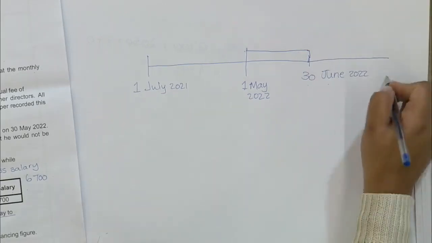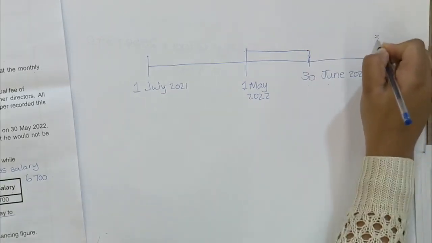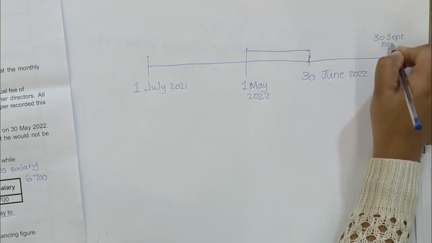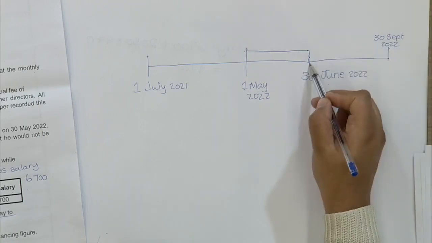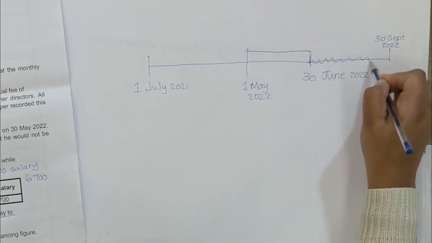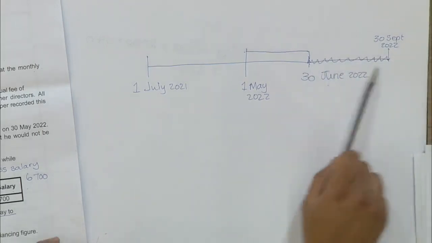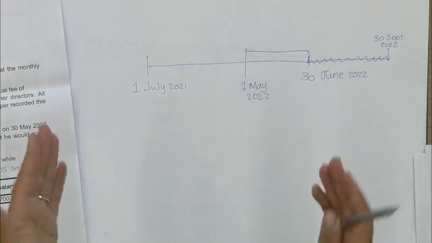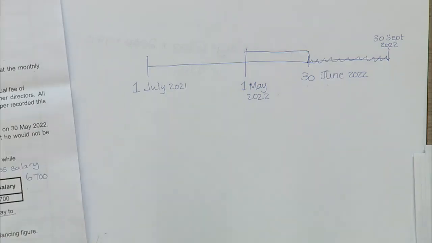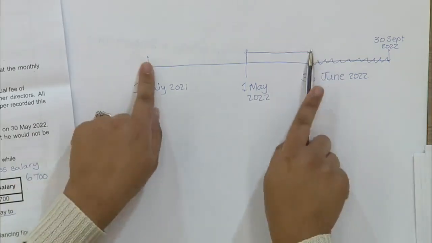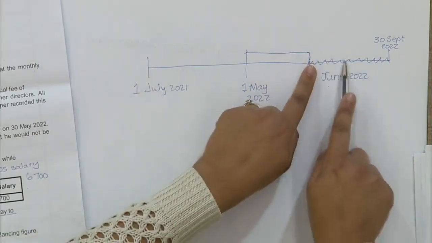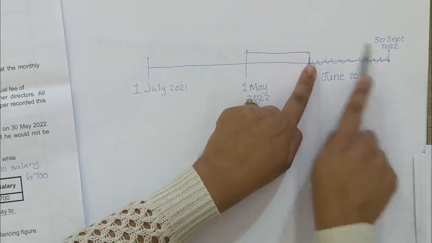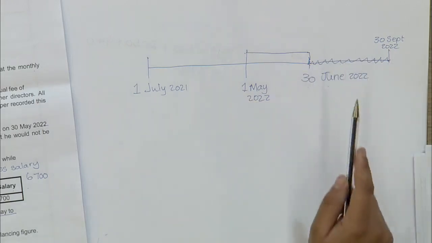The 30th of September, right? 2022. So from the 30th of June to the 30th of September is outside of our accounting period, and we know that our matching principle says we only need to take income and expenses for the current financial year. Anything outside must not be included. So therefore we know that whatever we're going to calculate here, we need to minus.